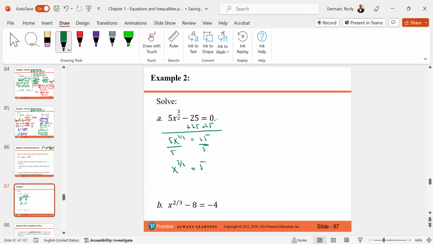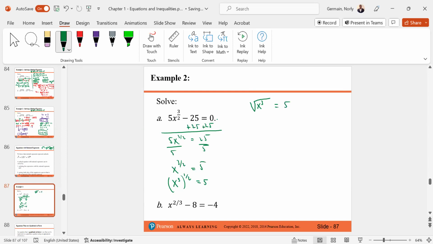But instead, I would go with this one and you will see. We write this as x to the 1/2 cubed, because 1/2 represents square root, equal 5.